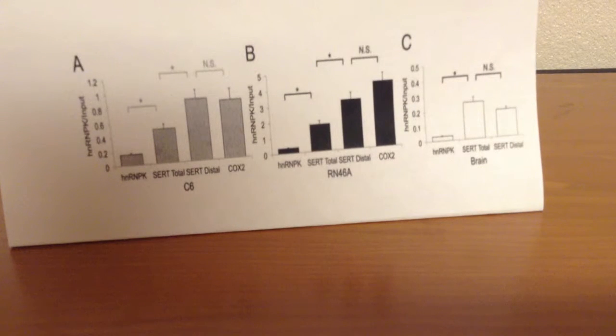After the qPCR, we can see that the A10 ribonucleoprotein binds to SERT more than the control. This is valid for all these three kinds of tissues. What we can see here is that A10 ribonucleoprotein binds positively with SERT, mainly the distal polyadenylation SERT.